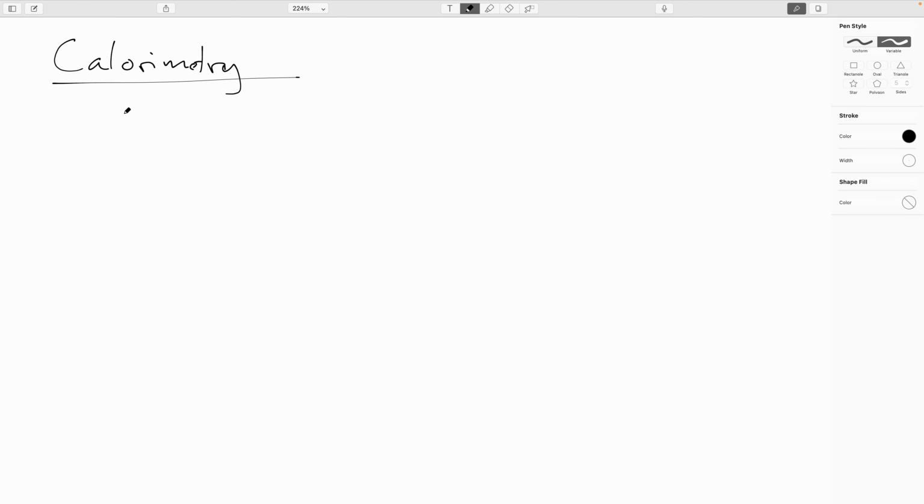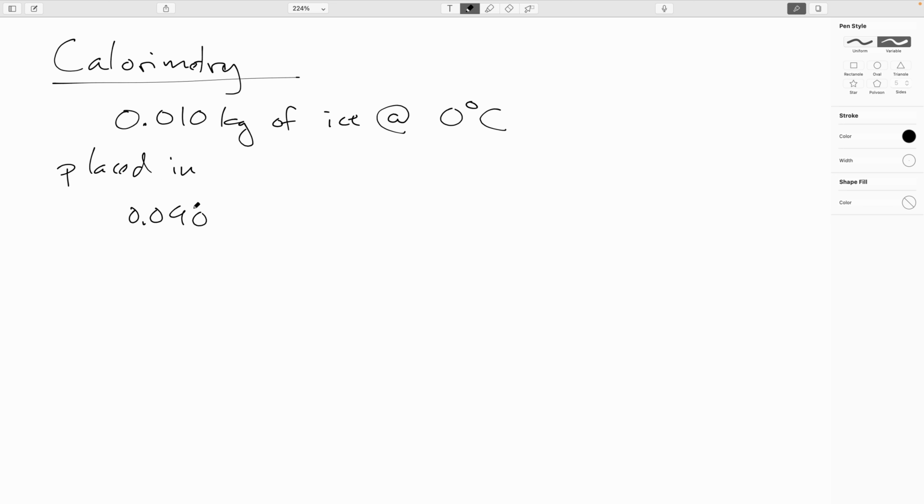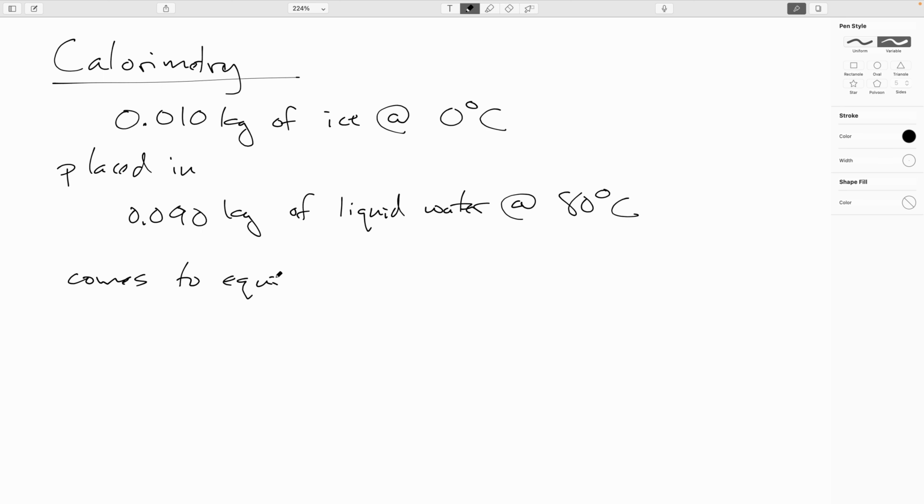So we'll take as an example that I have 0.01 kilograms of ice at 0 degrees C, and I place it in 0.090 kilograms of liquid water at 80 degrees C. I'll let this come to equilibrium. What is the final temperature?